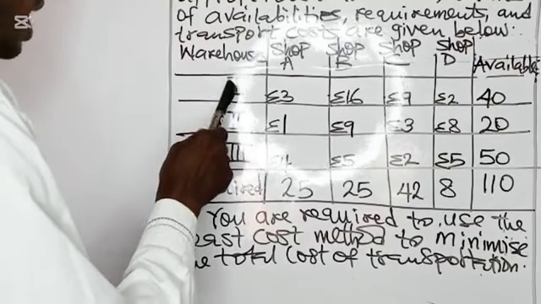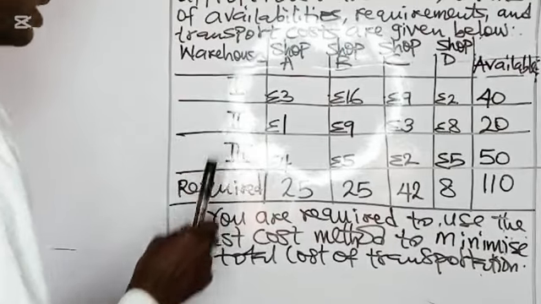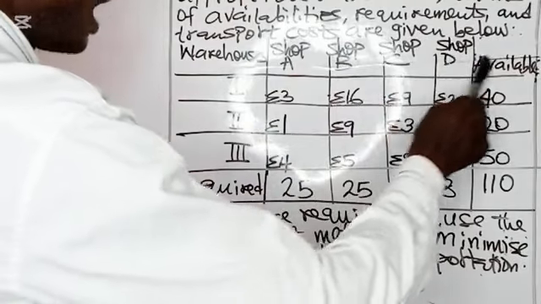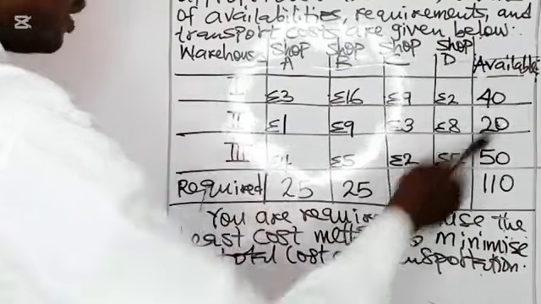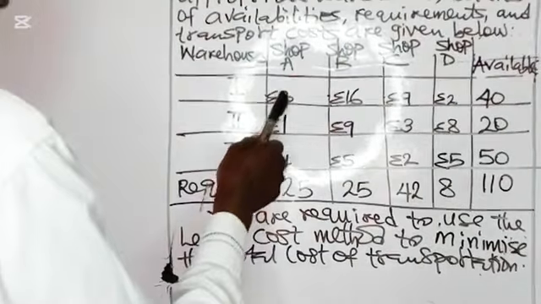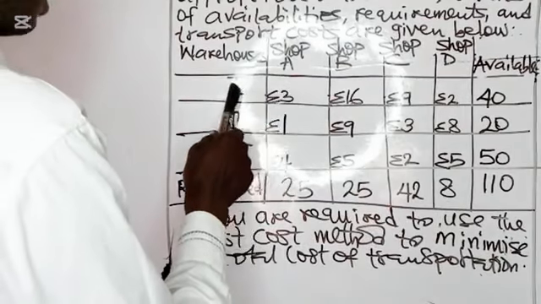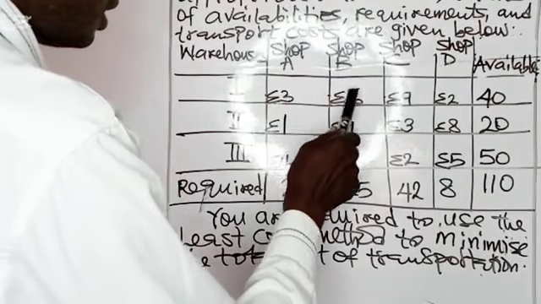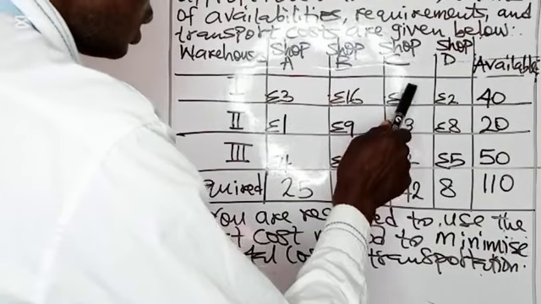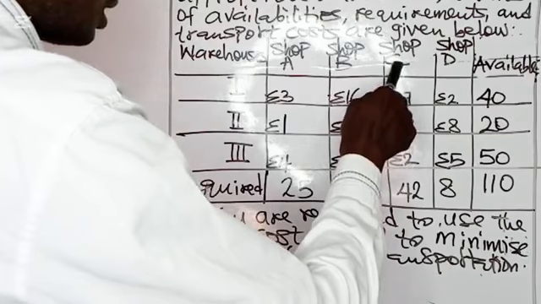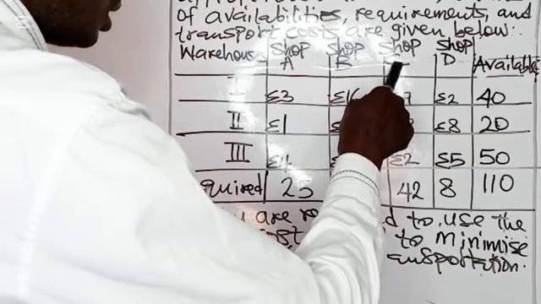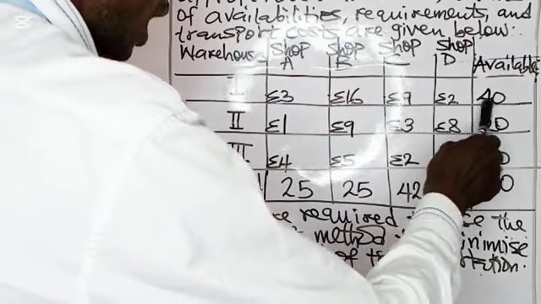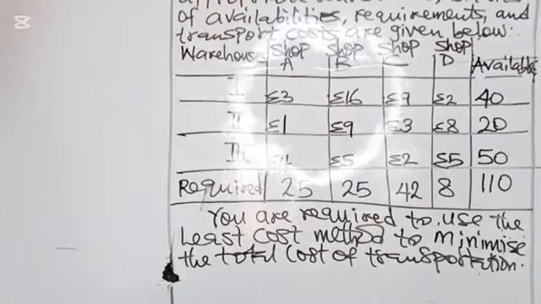Warehouses: warehouse 1, warehouse 2, warehouse 3. We have shop A, shop B, shop C, shop D, and available freezers. So the cost in shop A in warehouse 1 is £3 sterling. We have £16 in shop B, £9 in shop C, £2 in shop D, and the available freezer is 40.